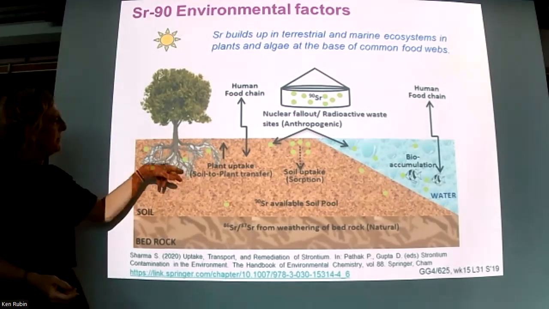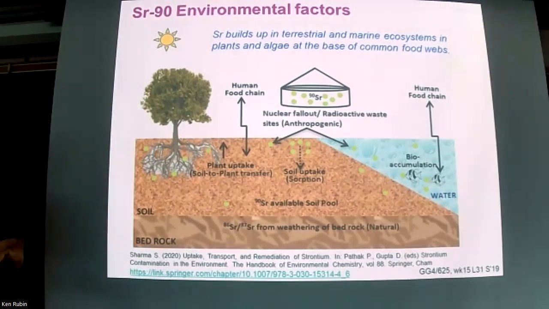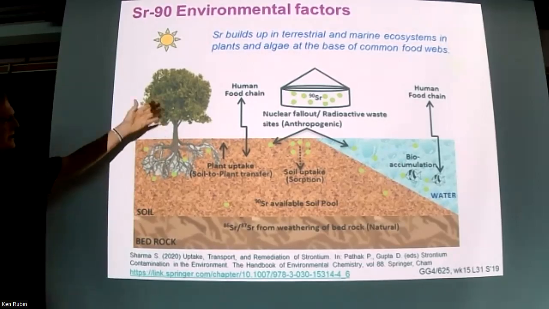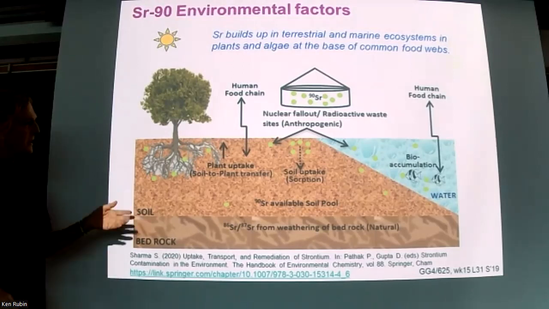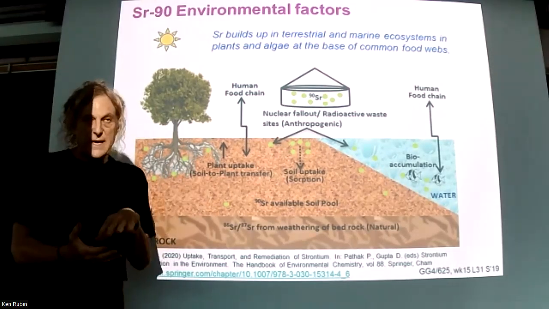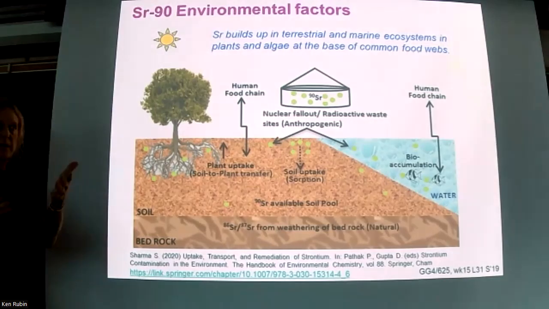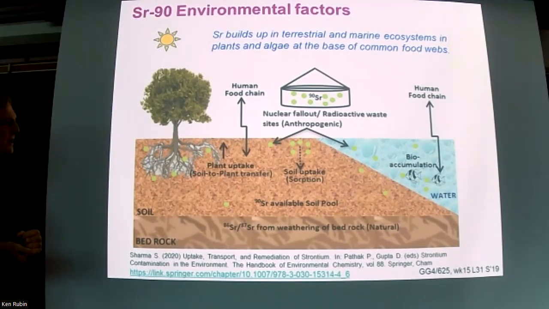So they can be brought up into food webs, they stick onto organic matter, they stick onto clays, they can get into plant matter. To some extent, strontium will precipitate out with calcium carbonate. Like if we have a caliche zone in soils, we can find relatively high strontium concentrations there.